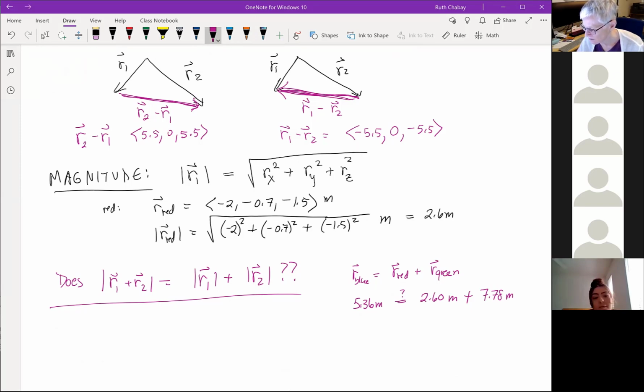So it's pretty clear that the magnitude of the blue vector did not equal the magnitude of the red vector plus the magnitude of the green vector.